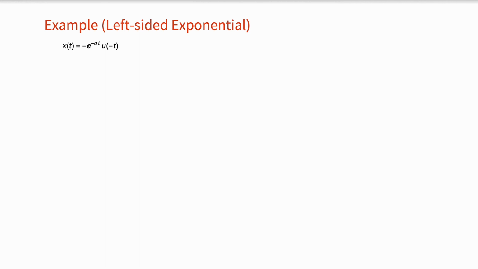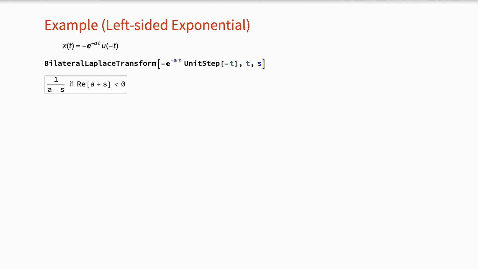Now let's look at another signal that is slightly different. It's anti-causal, and let's find the Laplace transform of this new signal and see how it is different from the previous example. Using the Wolfram Language, we find the Laplace transform as shown here. If you compare the value of the Laplace transform for the left-sided exponential to the previous example, you can see that the Laplace transform is equal for both signals, but they have different regions of convergence.